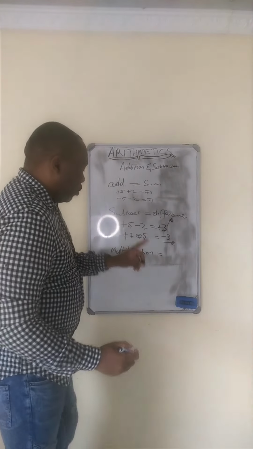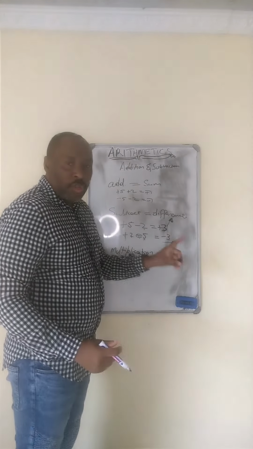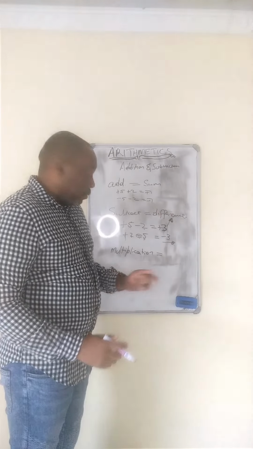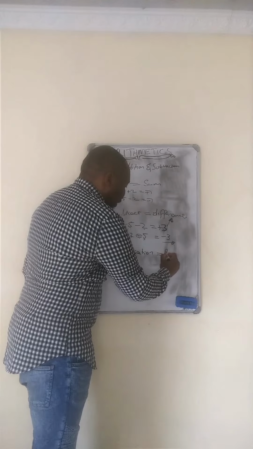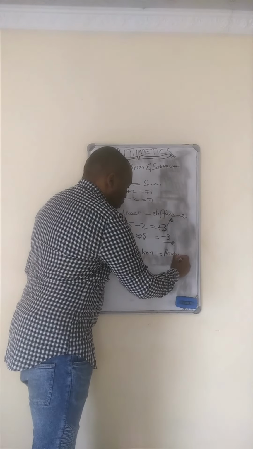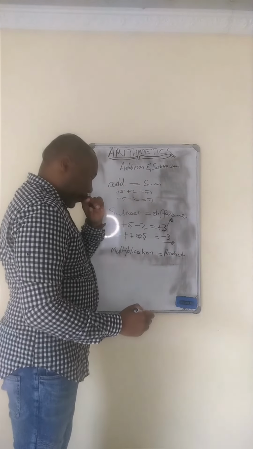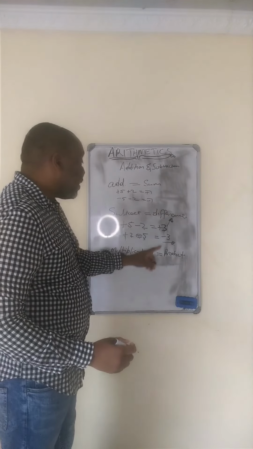When we multiply two things, 2, 3, 10, 20, 50, doesn't matter how many they are, the result we call the product.